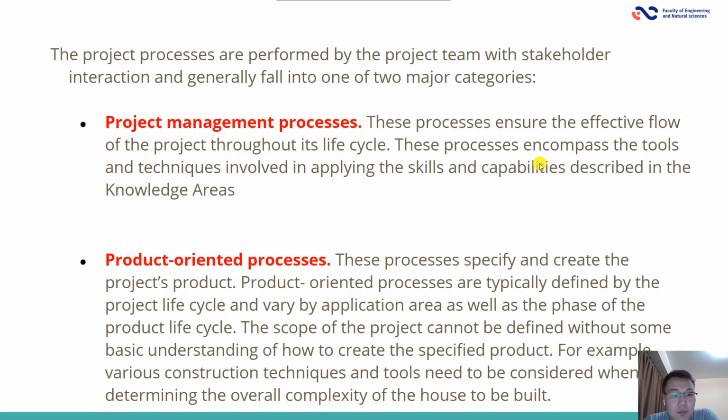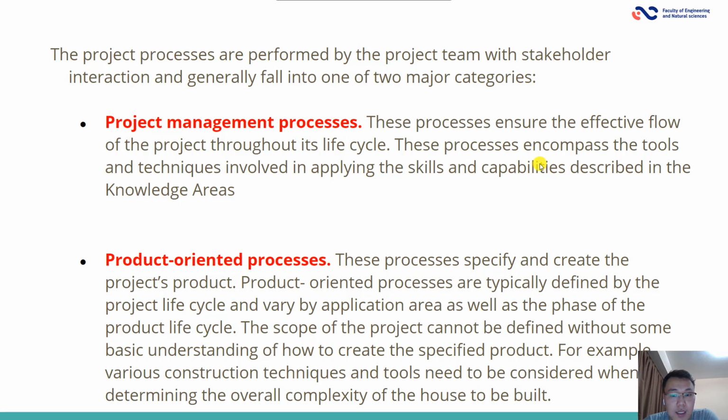The second is the product-oriented processes. This process specifies and creates the project's product. Product-oriented processes are typically defined by the project lifecycle and vary by application area, as well as the phase of the product lifecycle.